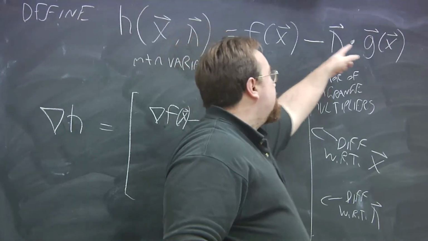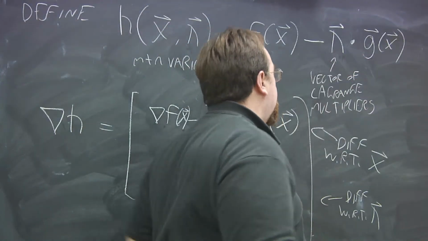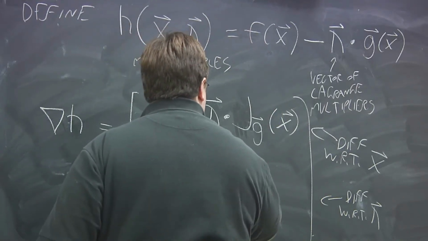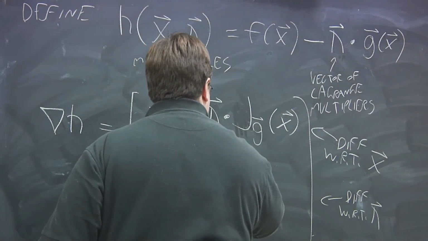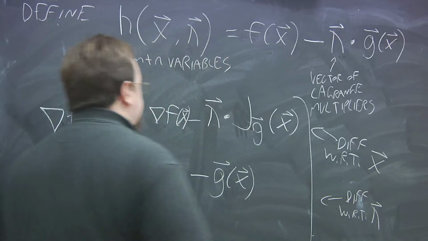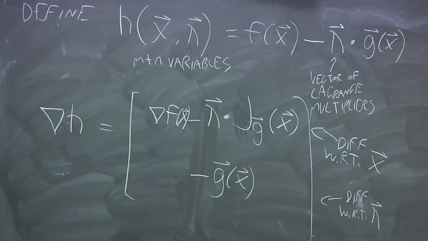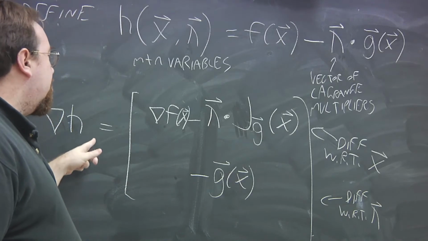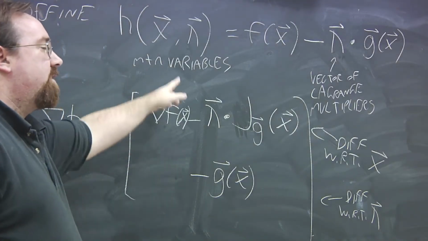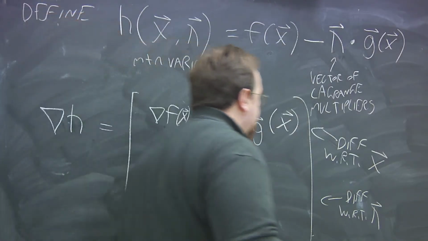And this is a linear function of the lambda, so all we're going to get is minus g. Okay. Now, to find a max or min of this function, we need this entire vector to be equal to 0.